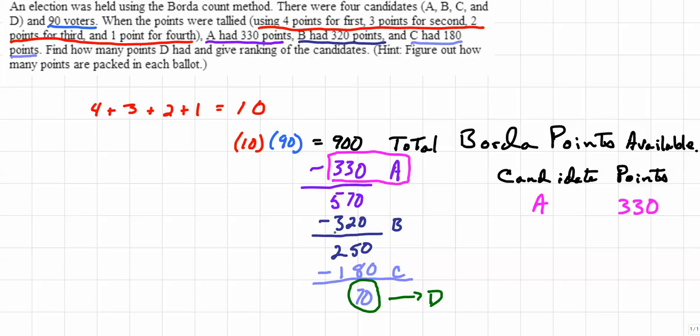Then the next one will be B with 320. The third one in this case is going to be C with 180. And then finally, we'll have D with 70.